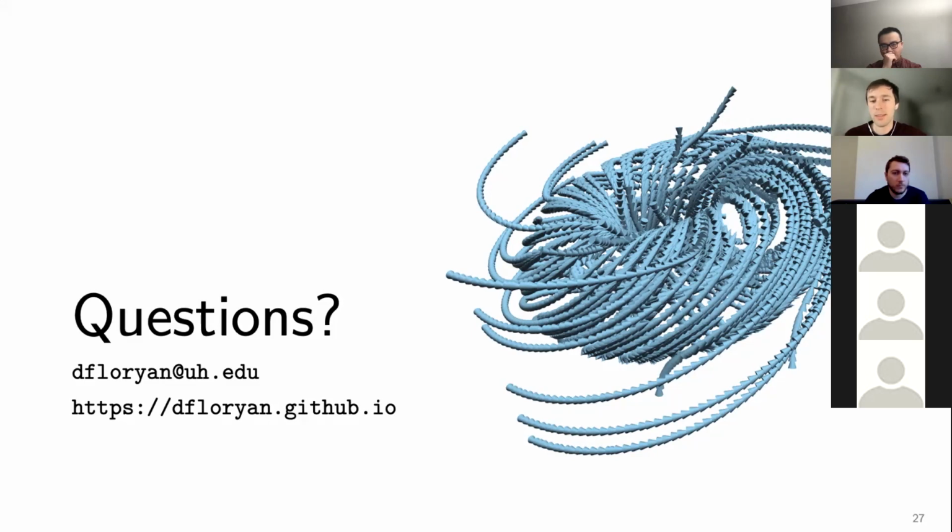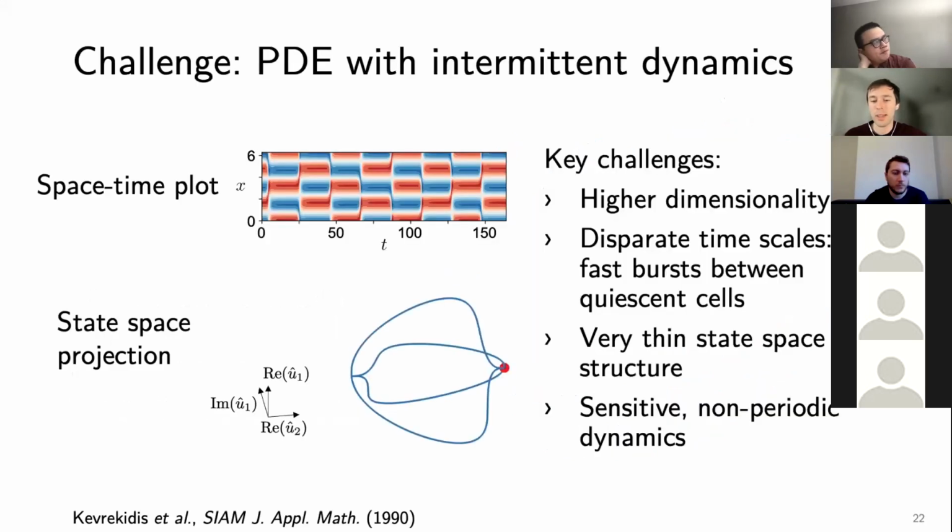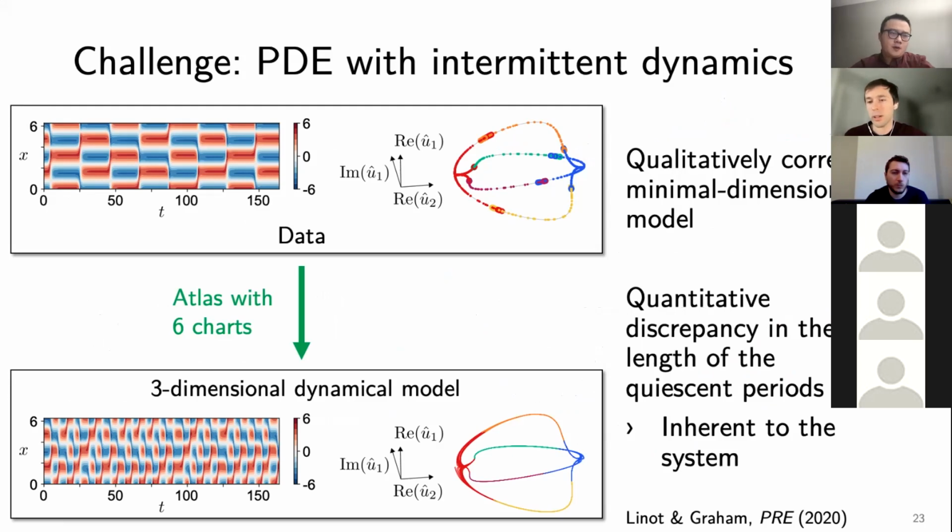But in the last example, we did not know how many we needed ahead of time. We used exploratory data analysis, where we looked at state space projection onto the leading Fourier modes to guess how much we needed.